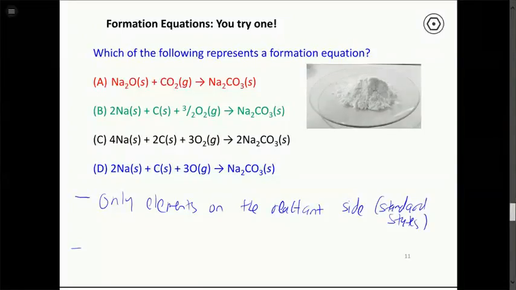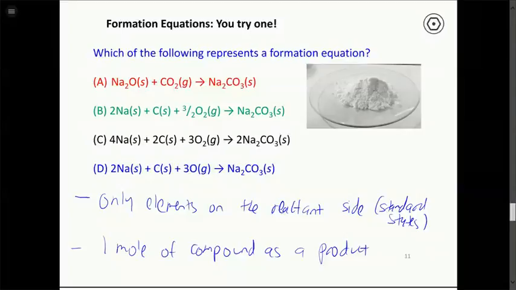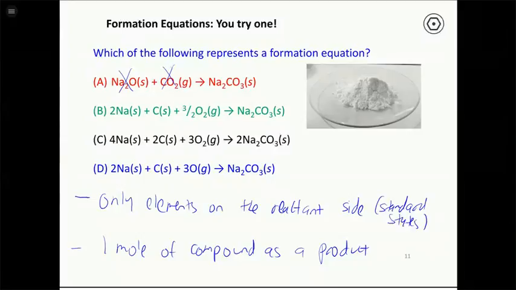And the other criterion is that the product side only has 1 mole of a compound for it to be a standard formation equation. So of these 4 choices, the only one that fits all of those criteria, let's look at it. So choice A has compounds as reactants. So that's not going to be a formation equation because the reactants are not elements, but they are compounds.